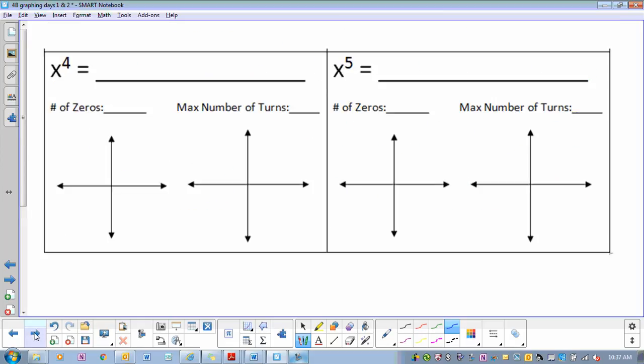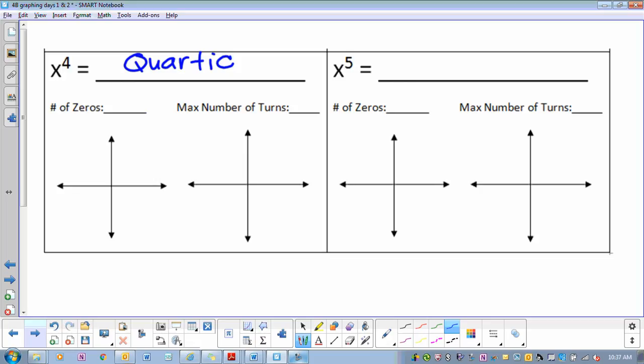Okay. All right, so let's talk about x to the 4th. If your biggest exponent is a 4, this is called a quartic. Linear, quadratic, and cubic are pretty easy to remember, but how can we remember x to the 4th?